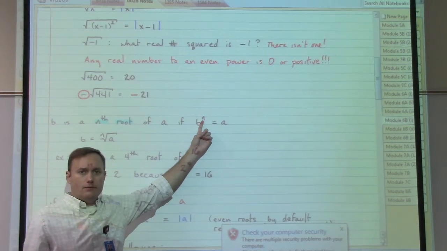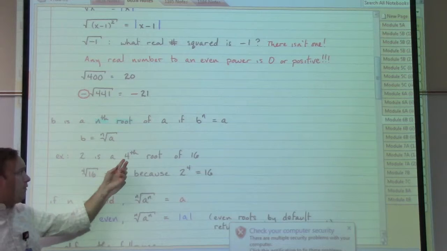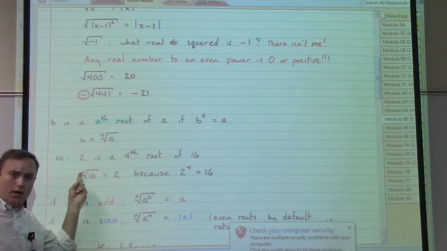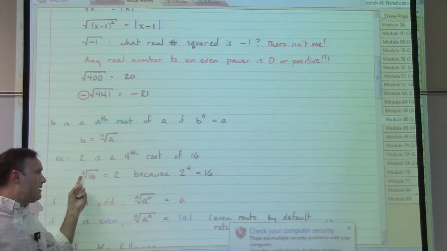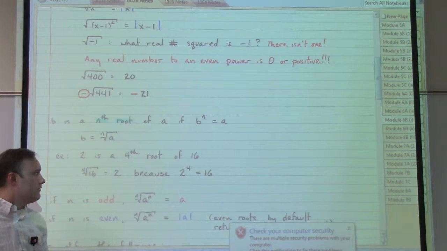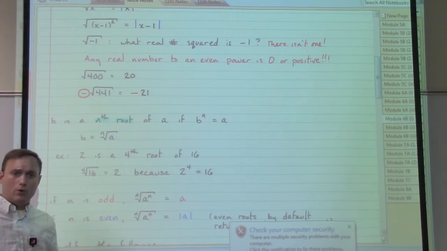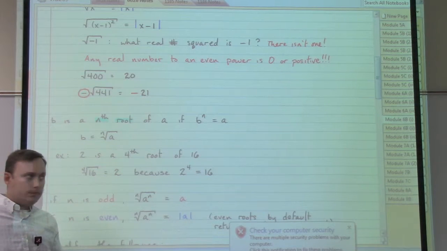So generically speaking, nth root, that's referring to the important power that is going to be built into our question. Power n. So the nth root, for instance, the fourth root is going to look like this. We're going to make mention of that special power out on the little front stoop of our square root symbol. It's not going to be a square root symbol anymore. We'll call it a root symbol, or we'll call it a radical.